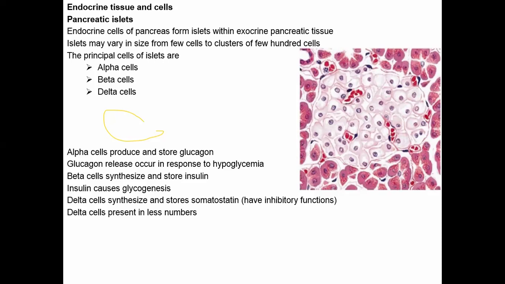Delta cells synthesize and store somatostatin, and they have inhibitory functions, meaning some hormones are inhibited by it. Delta cells are usually present in lesser number.